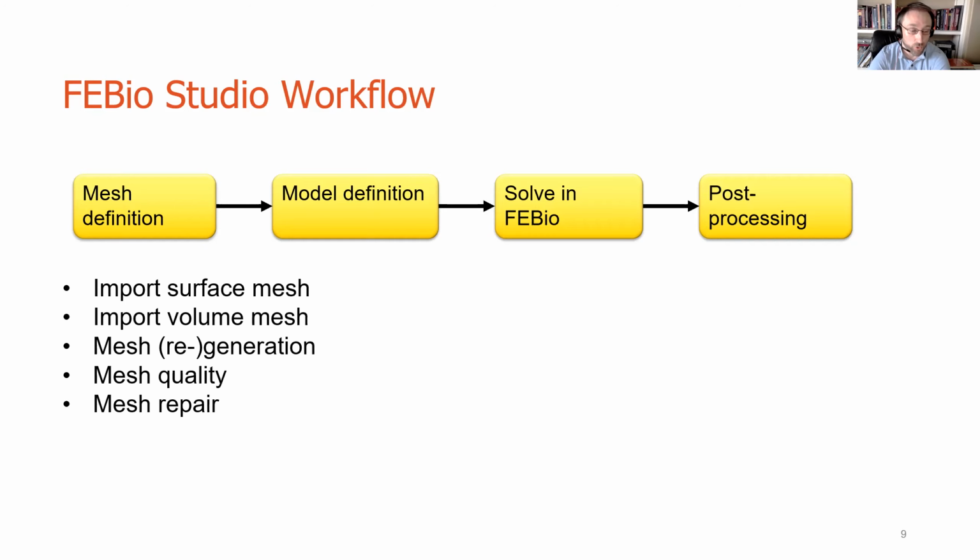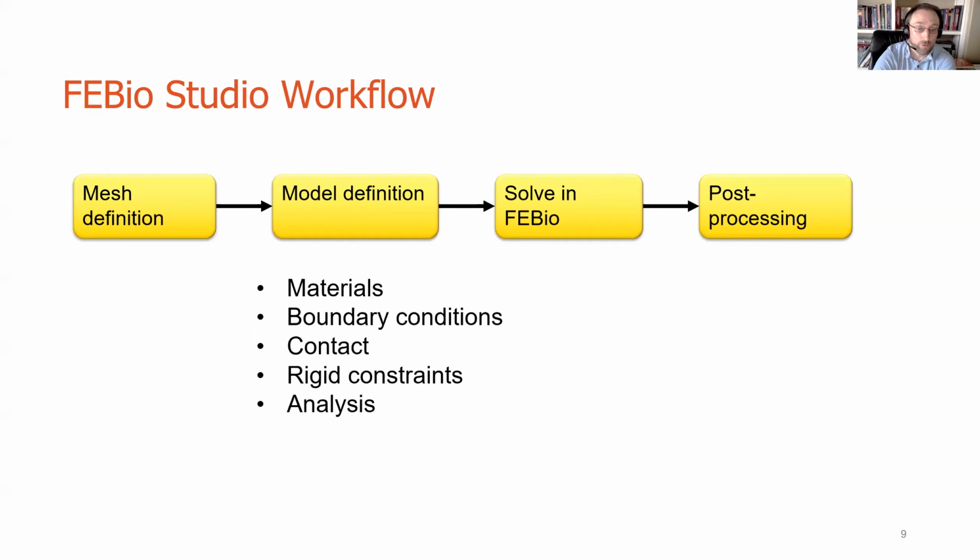Within FEBio Studio, you can make some changes to the mesh, or if you bring in a surface, you can create a volumetric mesh within FEBio Studio. You can also look at various mesh quality measures, as well as make some repairs, some common problems that you might run into. So once you have your mesh set up, it's time to define the physics of the problem, including defining materials, boundary conditions, contact, and so forth.